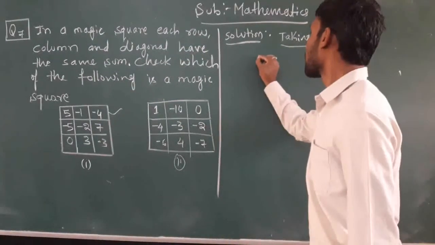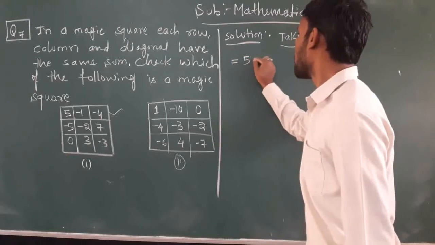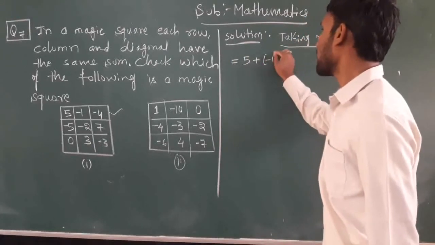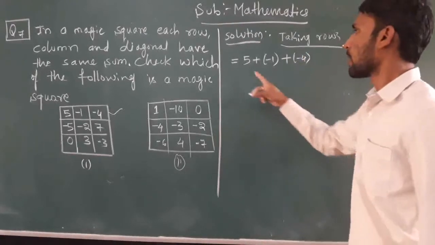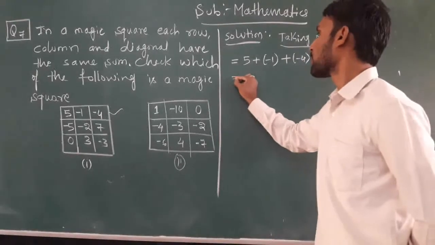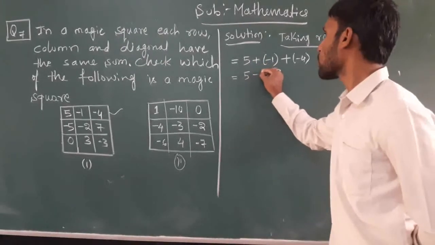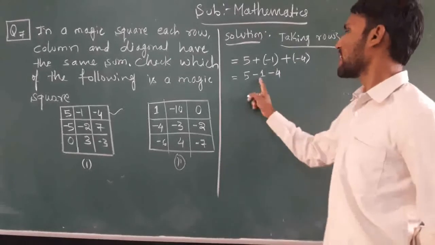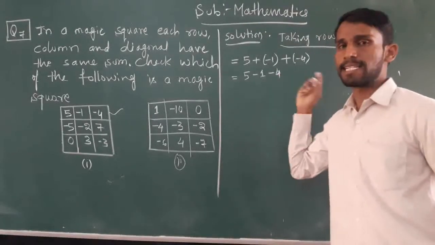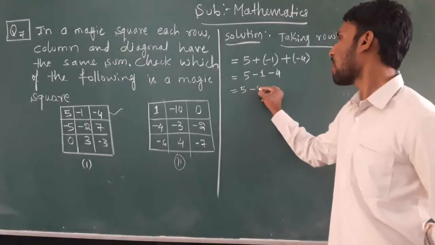When we add 5 plus minus 1 plus minus 4, adding the negative integers, we get 5 minus 5.